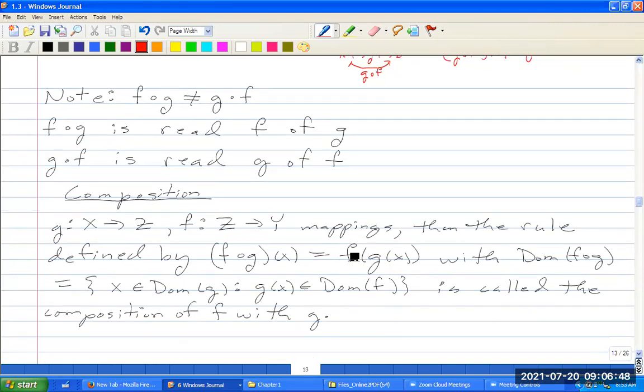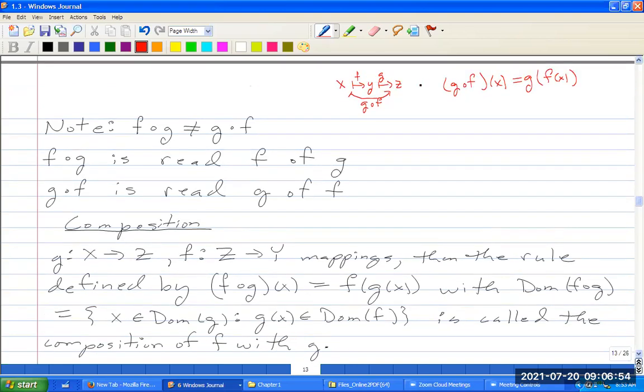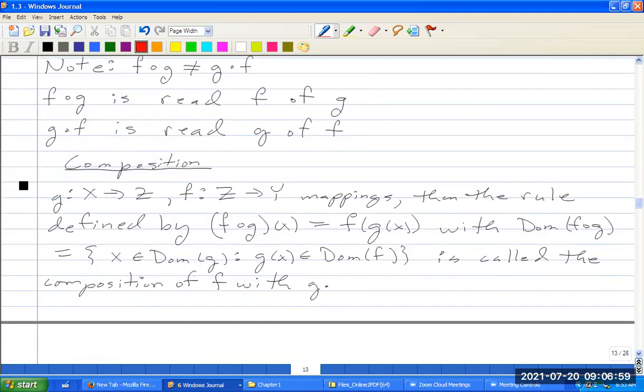So using this sort of idea that I wrote here, let me write this definition again. So composition.